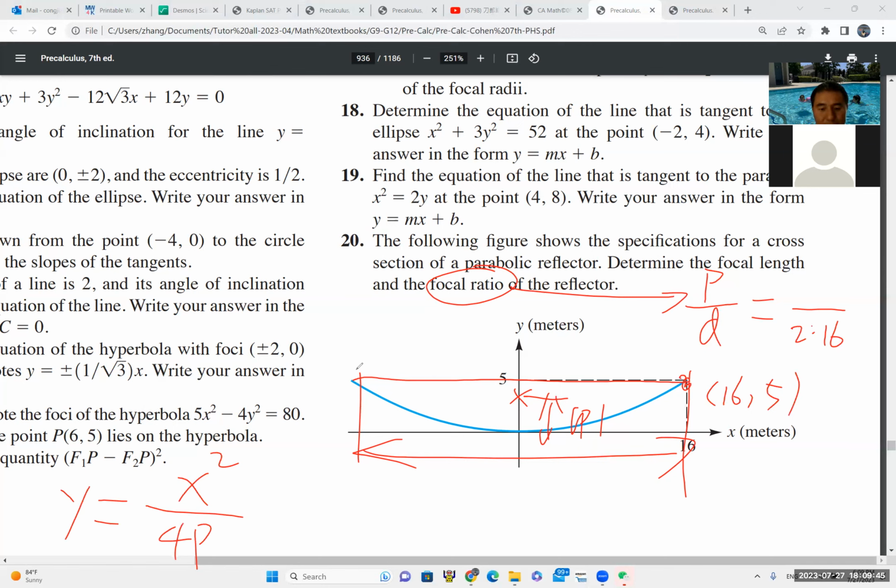So 16 times 16 equals 4p times 5. Then we can get p equal to 64 over 5.